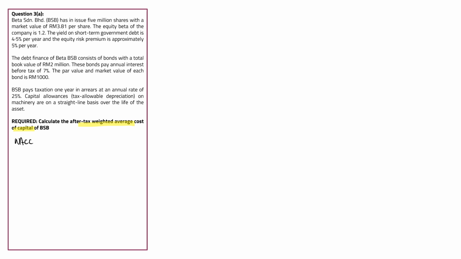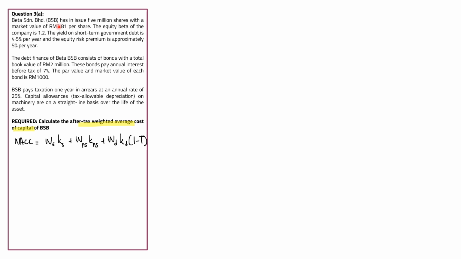The formula for WACC is the weightage of your common stock times your cost of common stock, plus the weightage of preferred shares times the cost of preferred shares, plus the weightage of your debt times your cost of debt after tax.